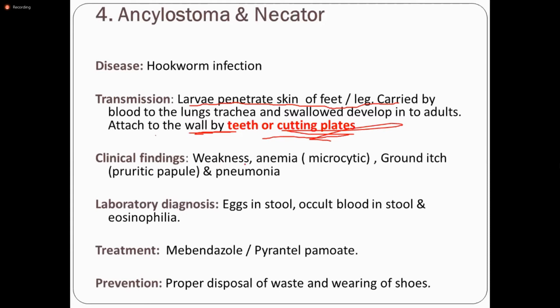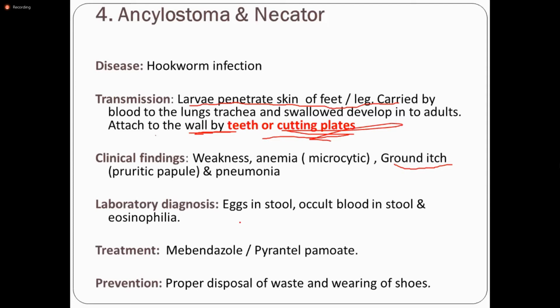Clinical findings will be weakness, anemia, and ground itch, because they enter into the body through the skin of the feet, and then through the bloodstream go into the lungs and trachea, and then are swallowed back into the intestine.